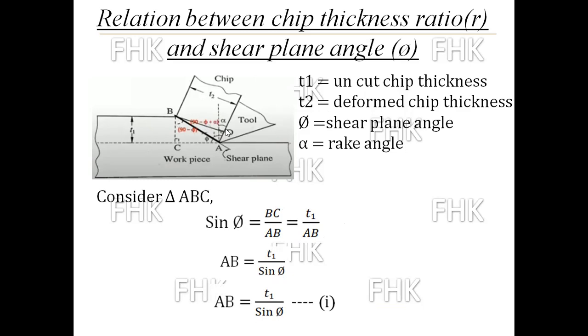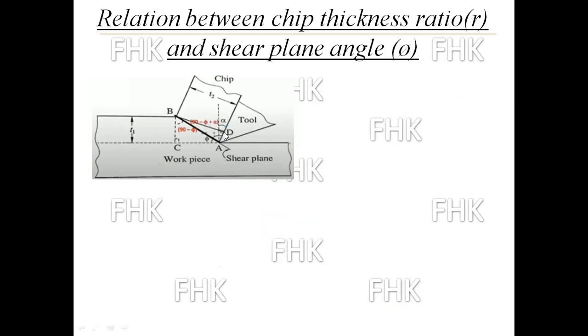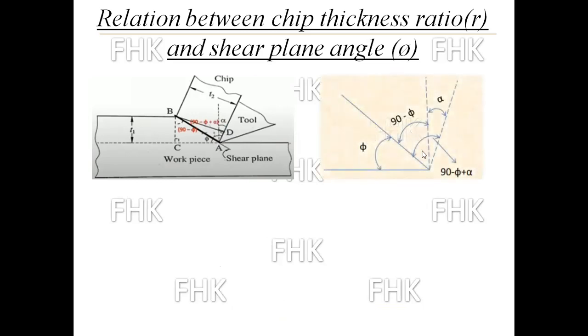Now come to this triangle ABD. In this triangle, I will find the value of the angle BAD. I will draw a horizontal line here.